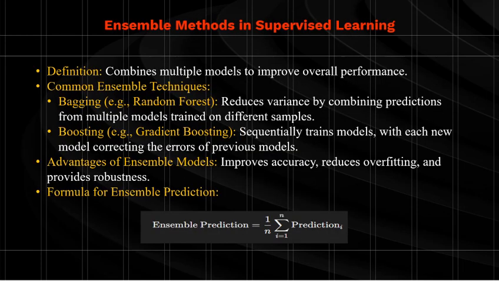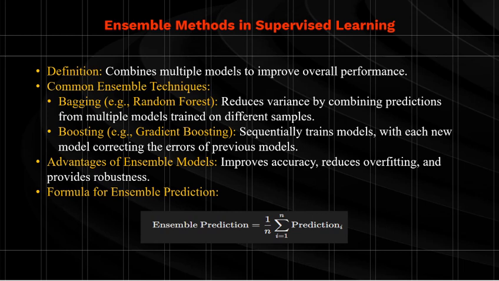And then we have ensemble methods in supervised learning. It combines multiple models to improve overall performance. Some common ensemble techniques are bagging, which reduces variance by combining predictions from multiple models trained on different samples, for example random forest.